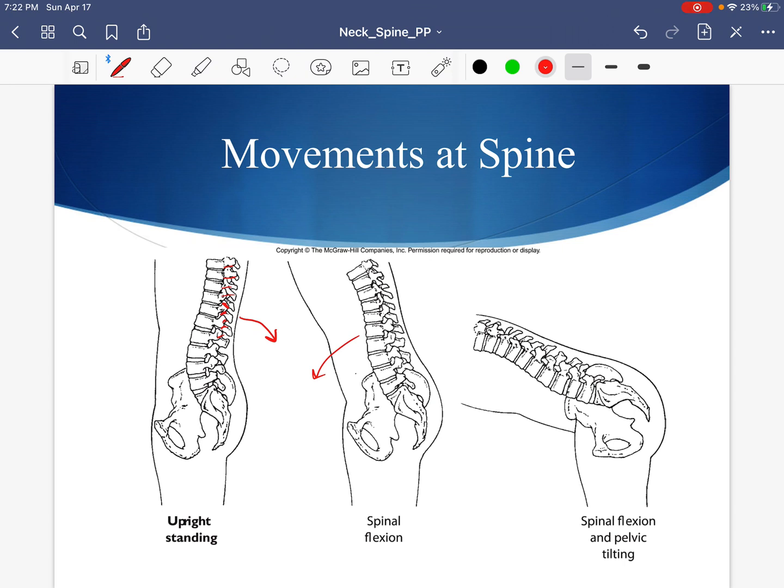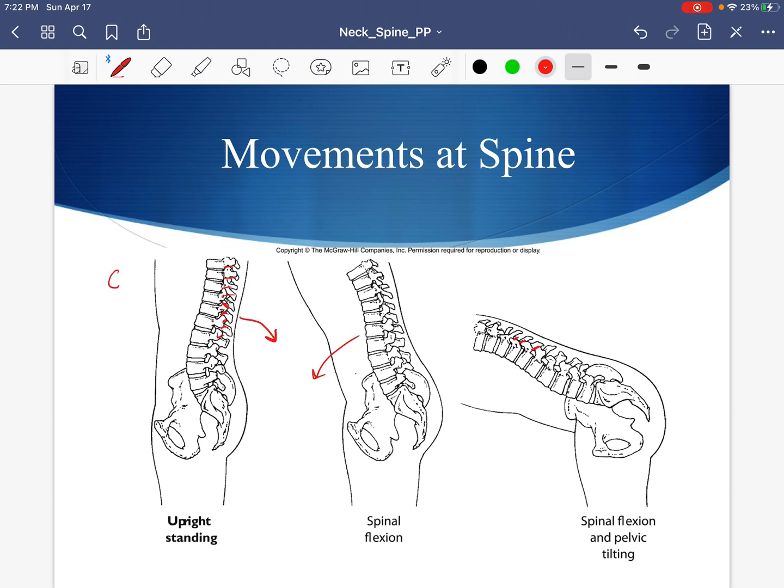Once we move down and we start talking about trunk motion, this is going to be the combination of all the tiny zygoapophyseal joints. So each individual one just does a tiny amount of motion, but when they all work together, then it allows us to do trunk flexion, bend forward, trunk extension, bend backward.